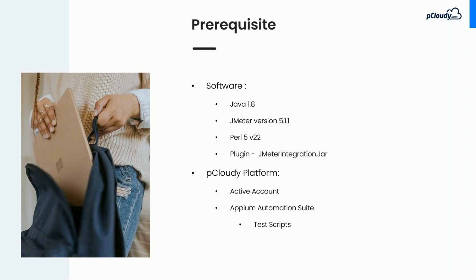As I said, this process is all to reuse the APM test suite, so we should have an APM automation suite with test scripts which simulate the business process. This whole combination is needed before we start running this scenario.